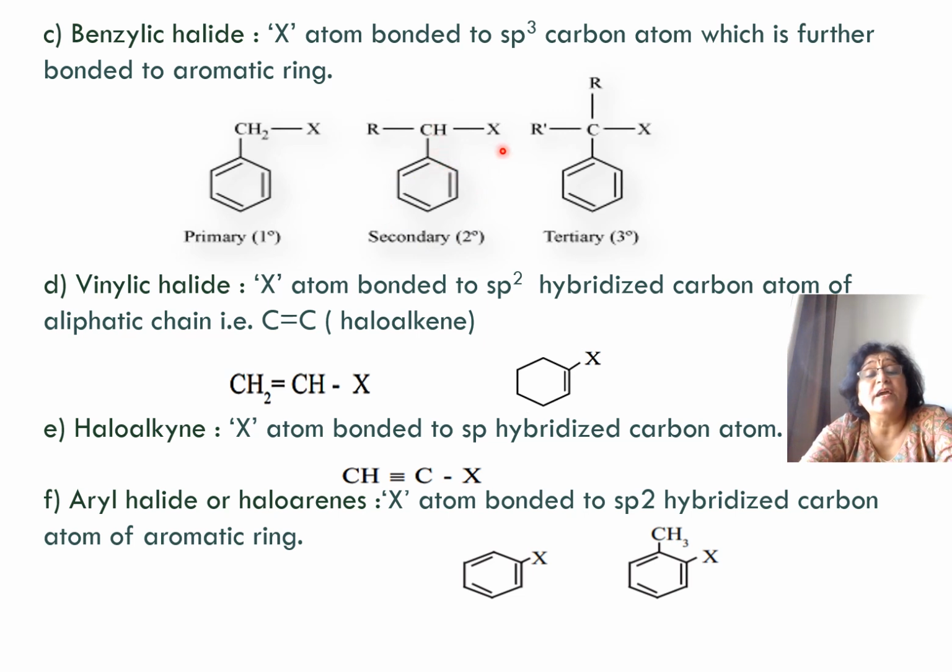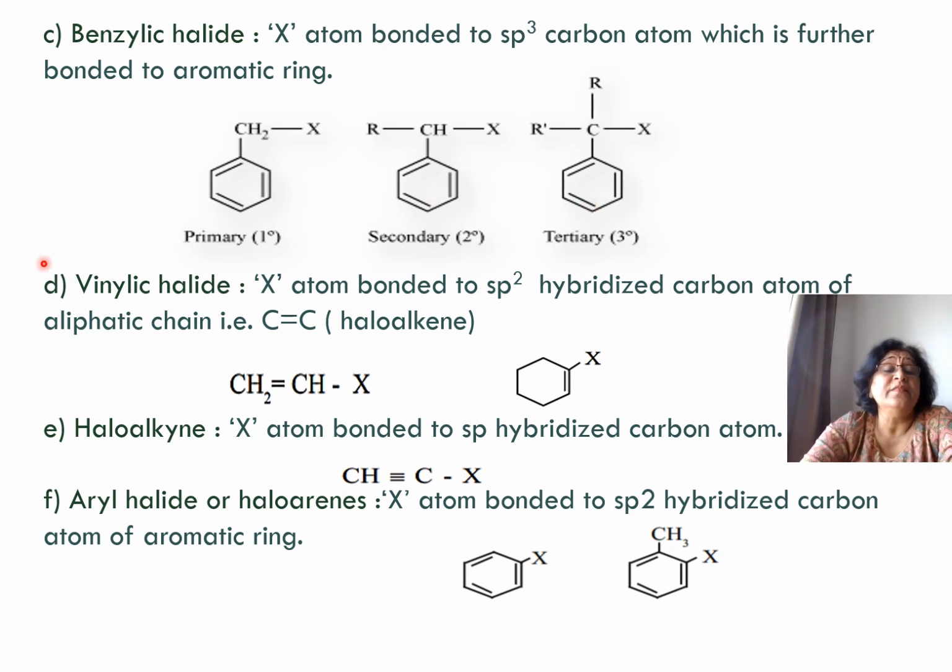The carbon containing halogen is attached to both an alkyl chain and an aromatic ring. Such a compound is called secondary benzyl halide. And tertiary benzyl halide, when the carbon attached to the halogen is attached to two alkyl groups and one aromatic ring. So primary benzyl halide, secondary benzyl halide, and tertiary benzyl halide.